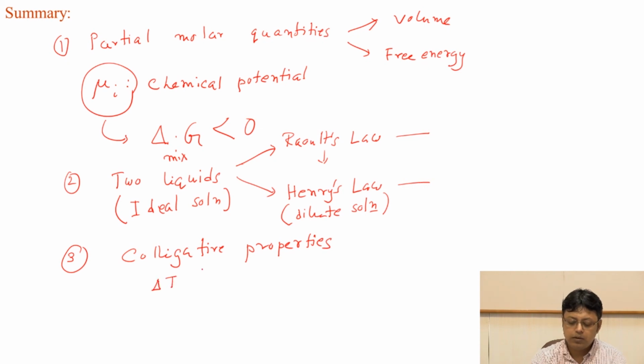We found a relationship between the depression of freezing point and elevation of boiling point and the amount of the solute added, or the mole fraction of the solute, or equivalently the molality of the solute which is added to it.